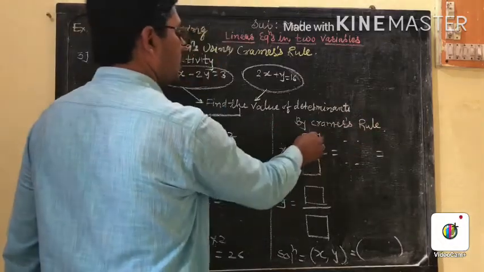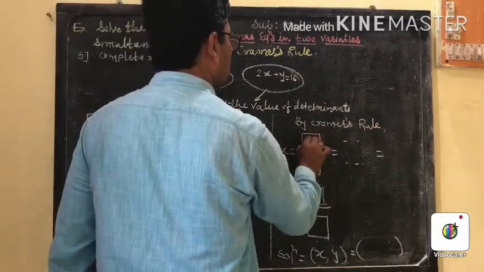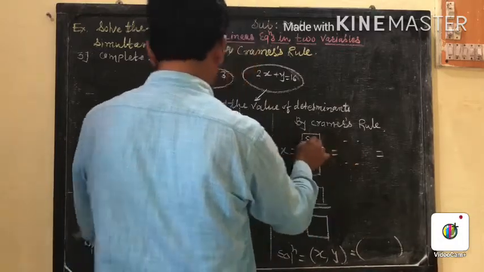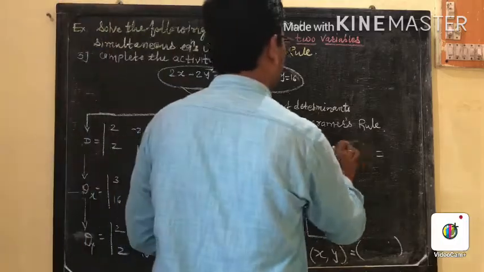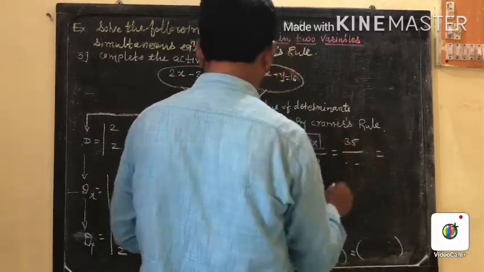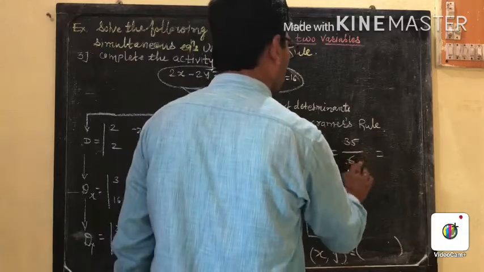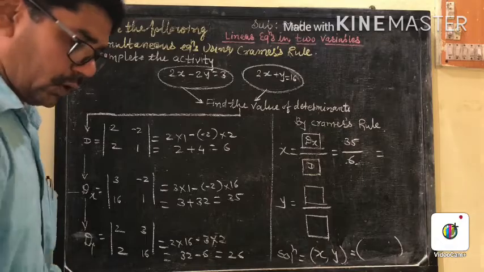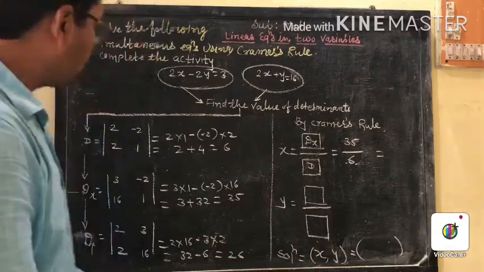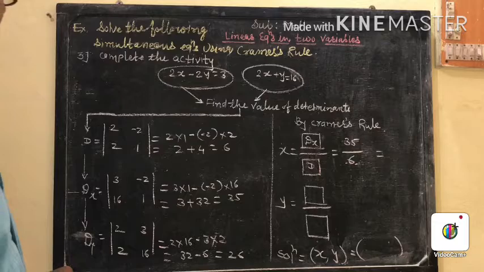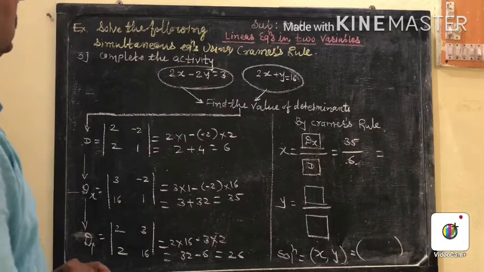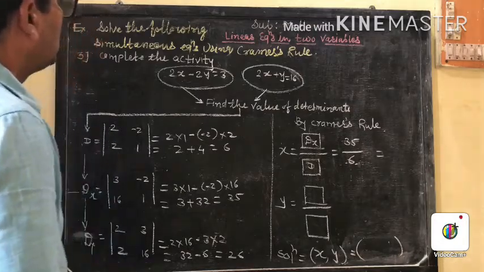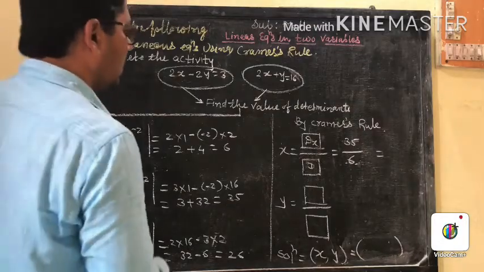X is equal to this bracket, you know, this is Dx upon D, and the value of Dx is 35, divided by 6, the same value as here.